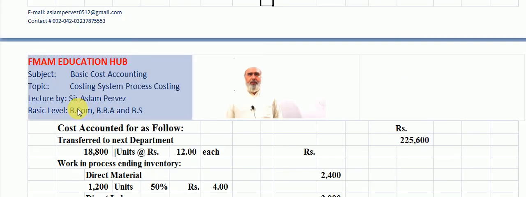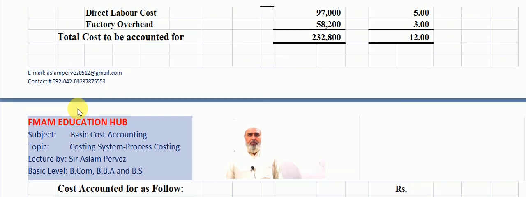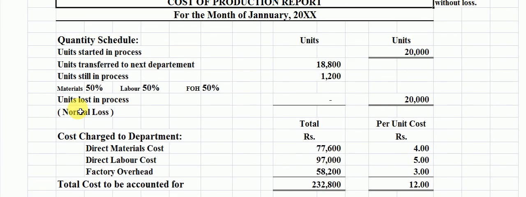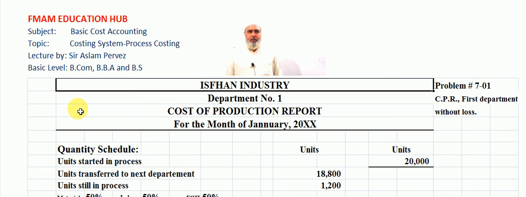Students, this is the simplest question. There is no complication in this question. This is the basic knowledge to understand and learn about the cost of production report.